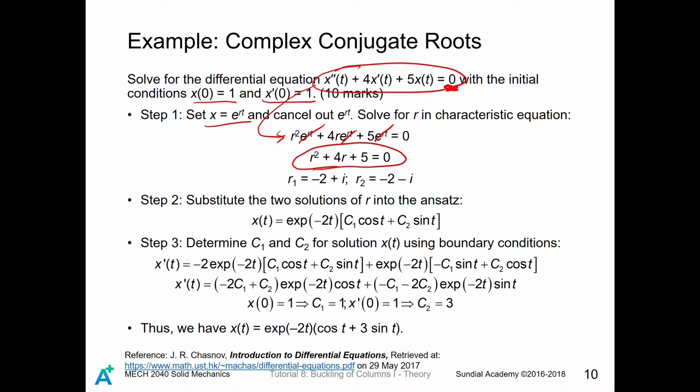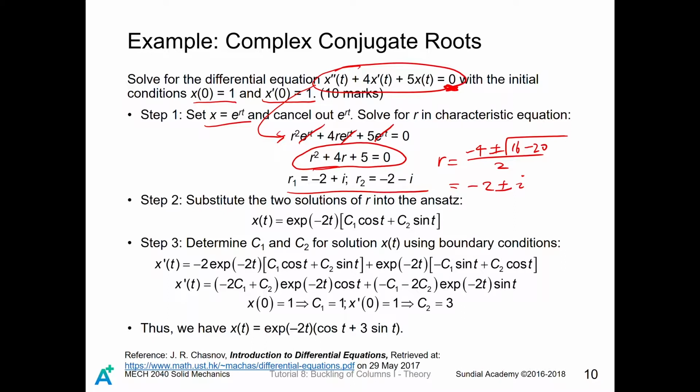To solve this quadratic equation, we have r equals (-b plus or minus the square root of 16 minus 20) over 2, which is minus 2 plus or minus i. So we have two roots, R1 and R2, which are complex conjugate roots.